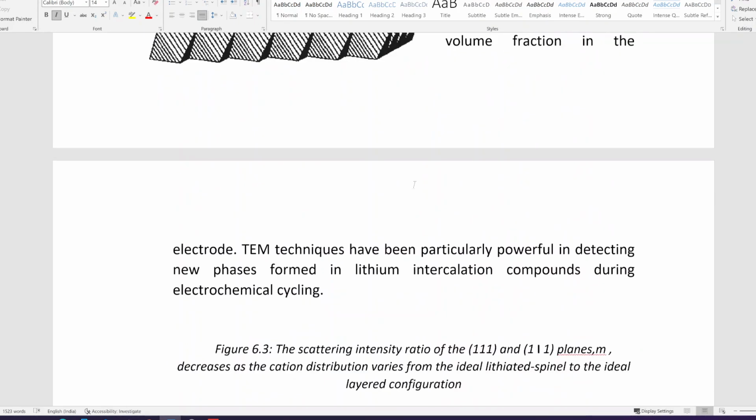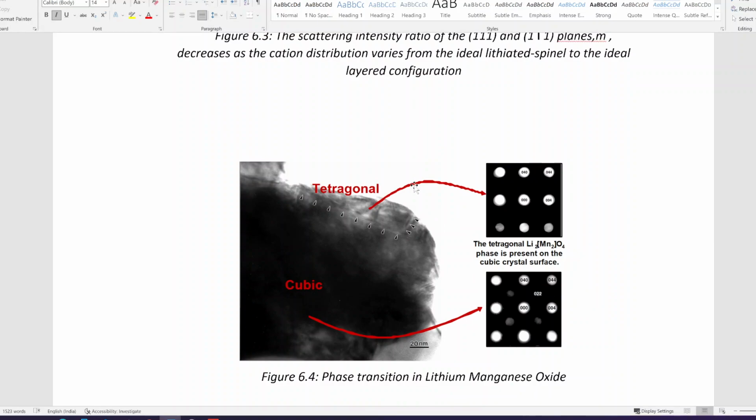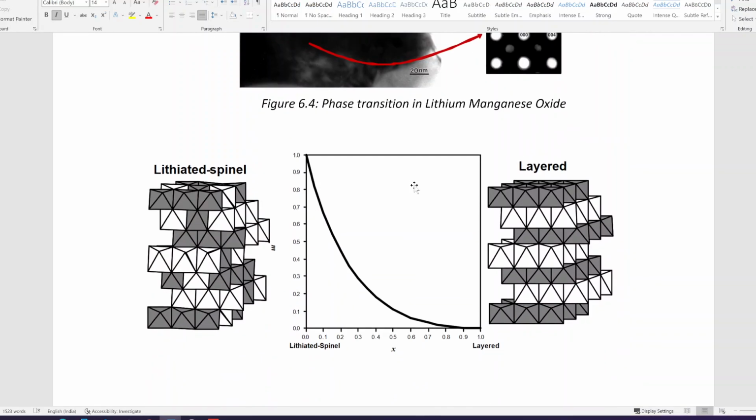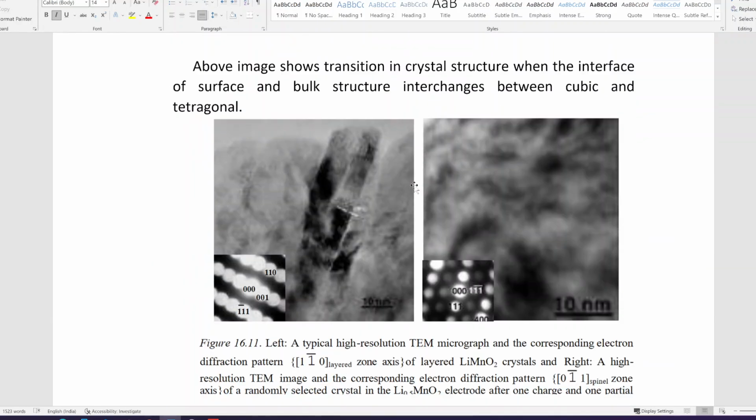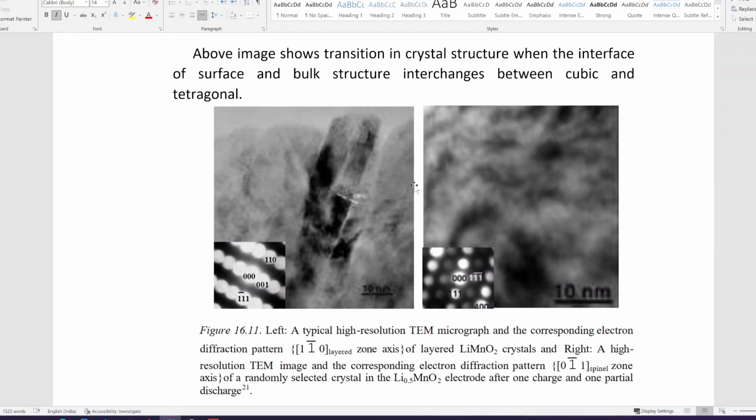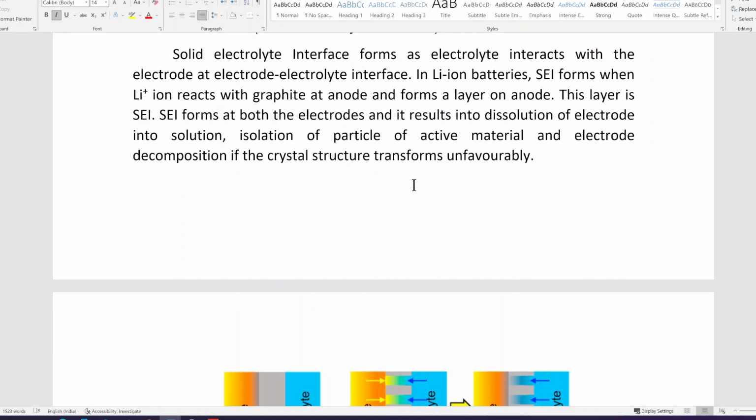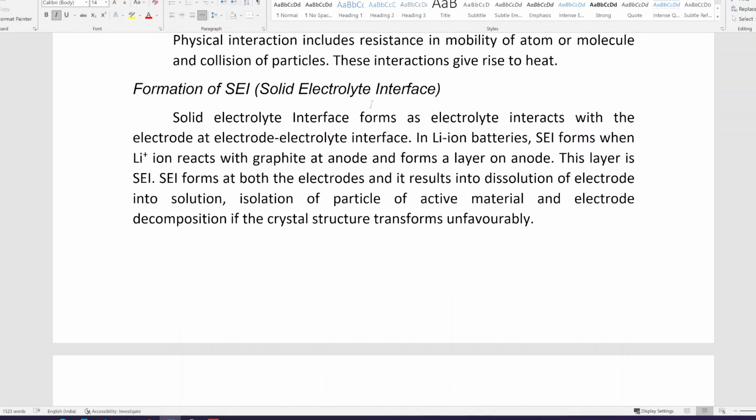I think one illustration I wanted to show is the formation of the solid electrolyte interface. This is one more important topic that you can understand about batteries.